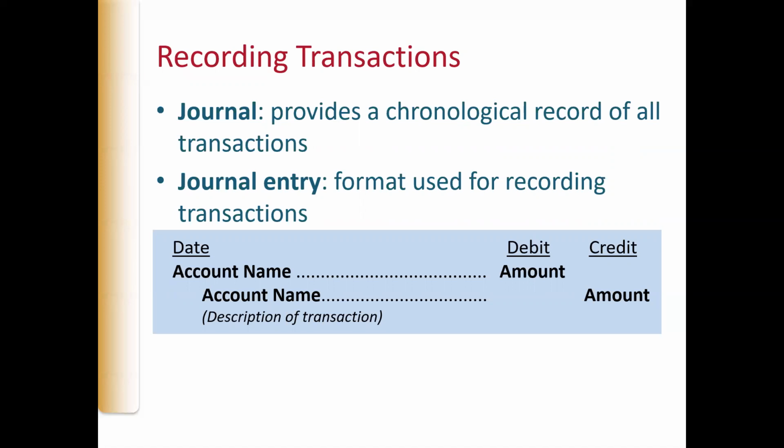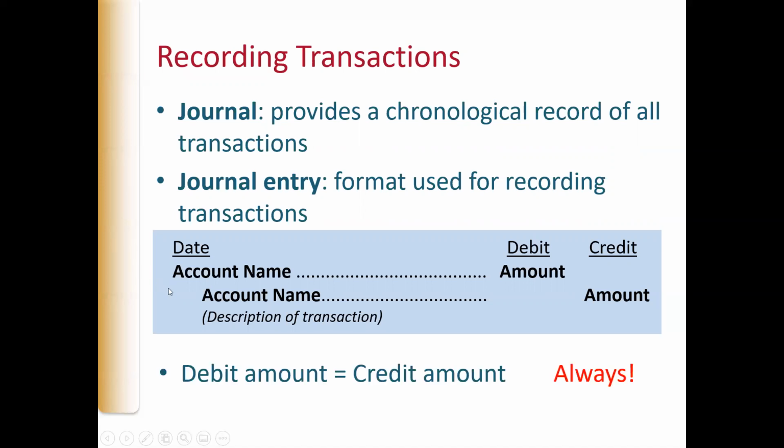A journal entry is just the format we nerds, accountants, use to record or communicate these transactions. We always show the account that is going to be debited first. Always. We always then show the account or accounts that will be credited next. This is the format we will always use. And guess what? Debits must equal credits.